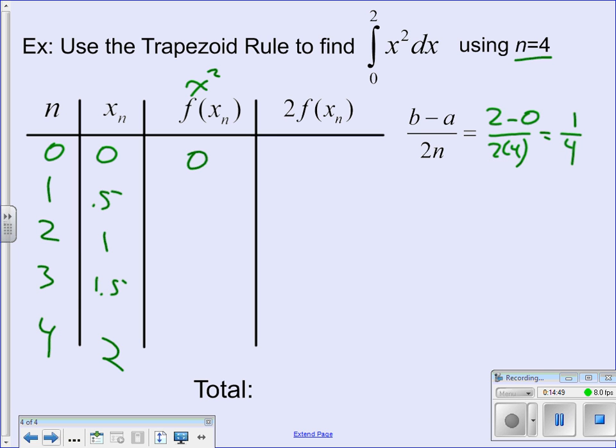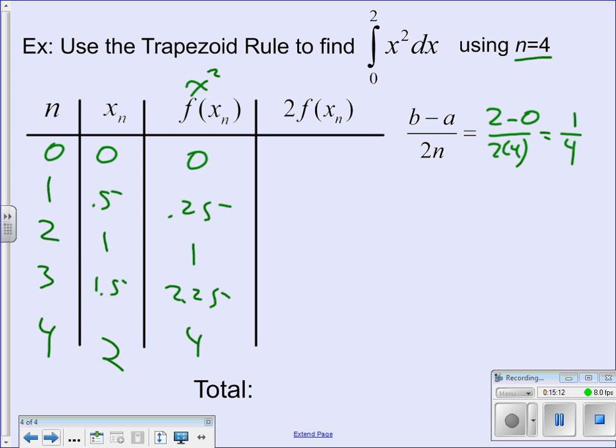I square 0.5, I get 0.25. I square 1, I get 1. 1.5 is 2.25. 15 squared is 225, two decimal points because they squared, right? And then 2 squared is 4. So you see where I'm getting the number from the column.